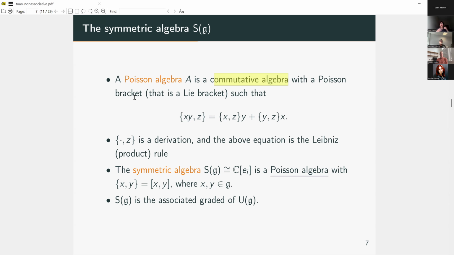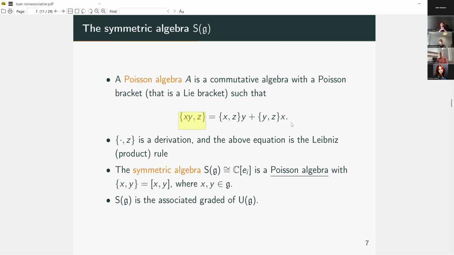Moreover, the Poisson bracket interacts nicely with the multiplication in A. What I mean is that the Poisson bracket of the product xy with z decomposes into the Poisson bracket of x and z times y, plus the Poisson bracket of y and z times x.